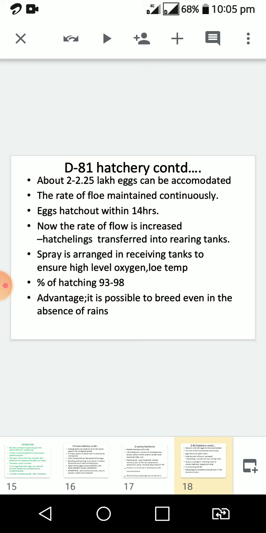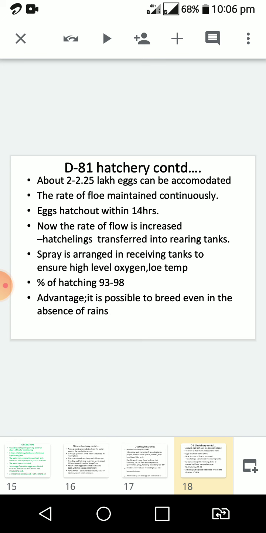Now the rate of flow is increased, and the hatchlings are transferred into rearing tanks. Here the sprays in the rearing tanks ensure high oxygen levels and low temperature. The hatching percentage may be 93 to 98 percent.